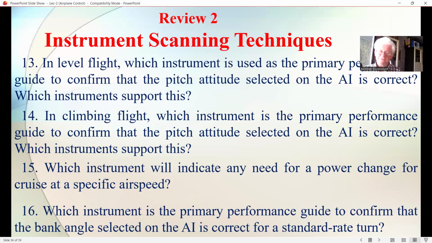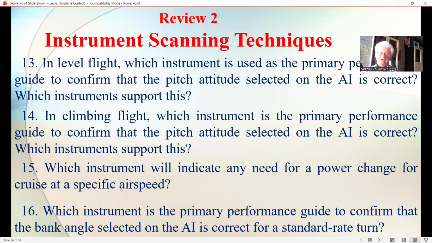Question number 14. In climbing flight, which instrument is the primary performance guide to confirm that the pitch attitude selected on the AI is correct? Which instrument supports this? 15. Which instrument will indicate any need for a power change for cruise at a specific airspeed? 16.